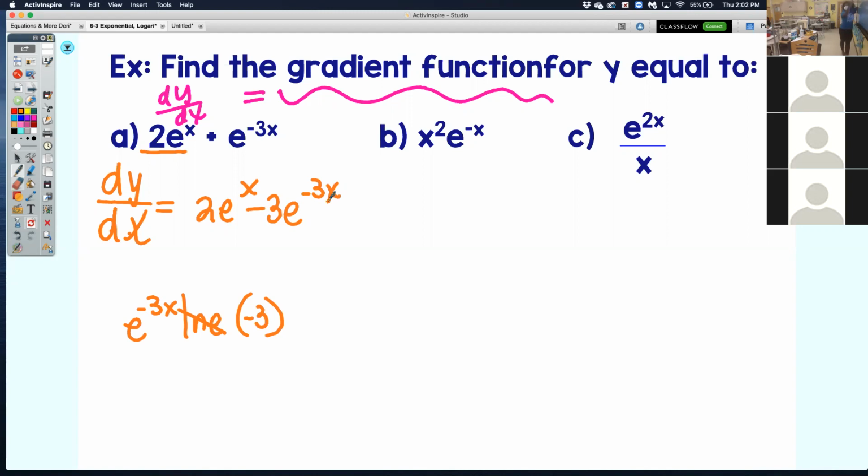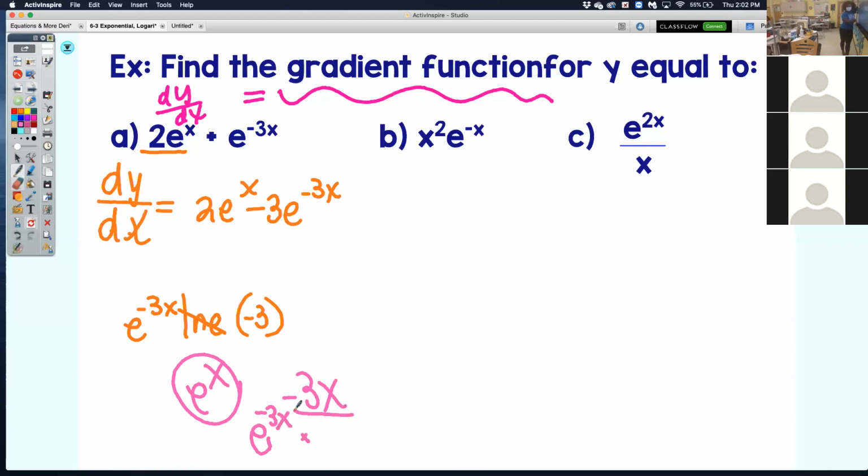You can also use chain rule here. Your outside function is e to the x. Your inside function is negative 3x. So if you use chain rule, you'll take the derivative of the outside. What's the derivative of e to the x? But remember, with chain rule, you don't write x, you write the inside function, and then you multiply this by the derivative of the inside.